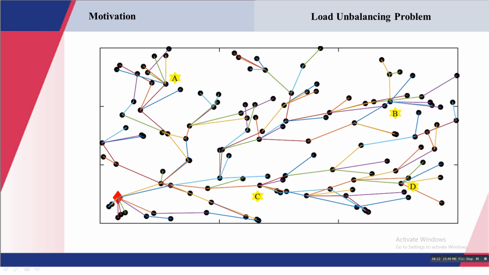Like here in this figure, these highlighted nodes are showing the problem of load unbalancing. These highlighted nodes are getting much more load as compared to the rest of the nodes in their periphery.